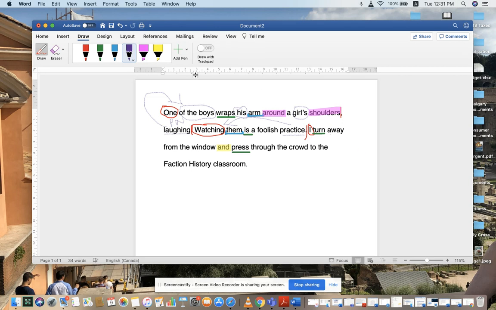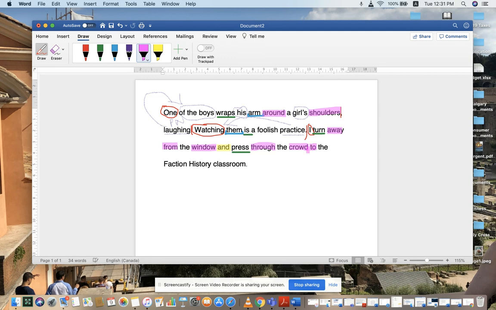So I turn, and remember, turning is a verb of, you guessed it, motion, right? Walking, turning, so it doesn't take a direct object. There's our preposition, away from, okay, what? The window, which is the object of the preposition. And then I press, once again, pressing, a verb of motion as well, through, there's the preposition, what? The crowd.